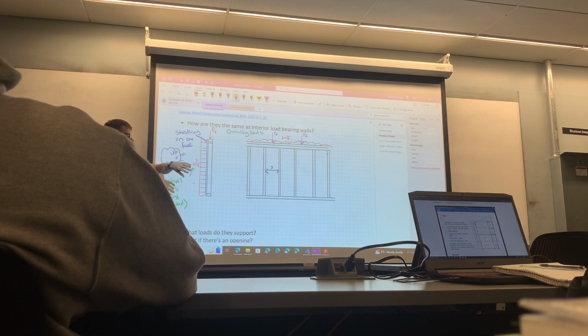Gypsum isn't water resistant, OSB is more durable, and so on. But just like Alex says, it's constructed the exact same way.